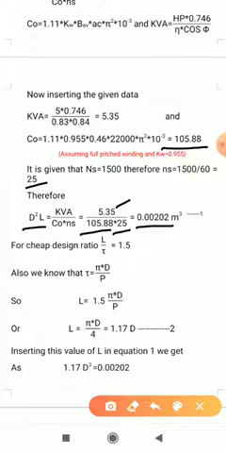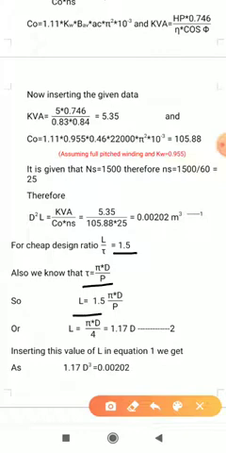Now it is asked in this example to choose the design which gives the cheap design. For the cheap design, as we know, the ratio L by tau is 1.5, and tau is pi D divided by P. So the expression for L is 1.5 into pi D divided by P. As I already told, this is a 4 pole machine, so L is equal to pi D divided by 4, and this expression becomes 1.17 into D. Now let me insert this value of L in equation 1.